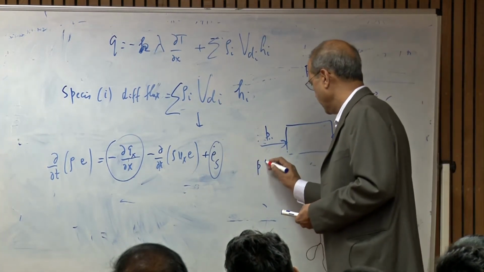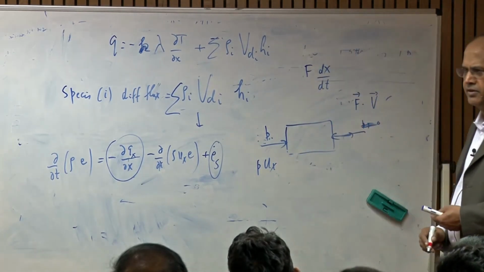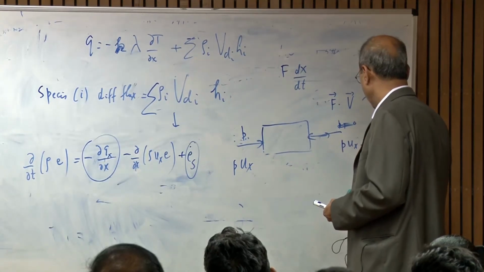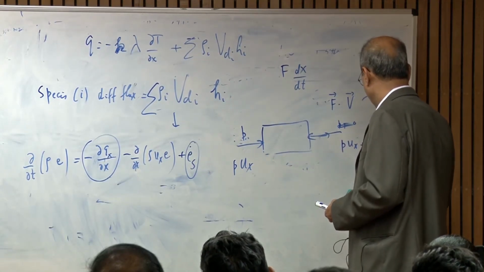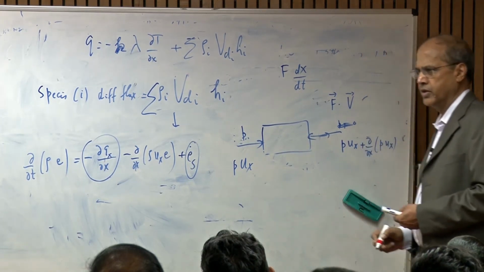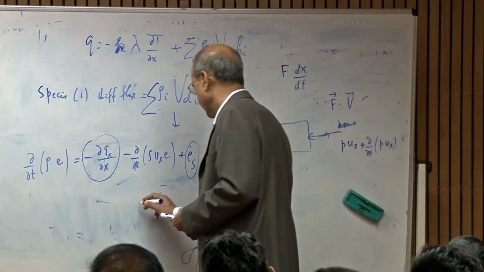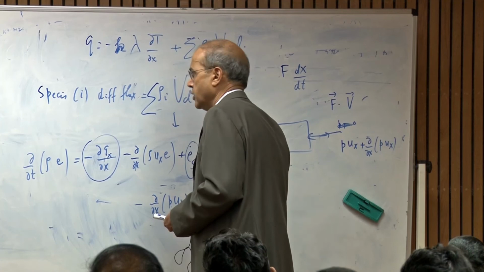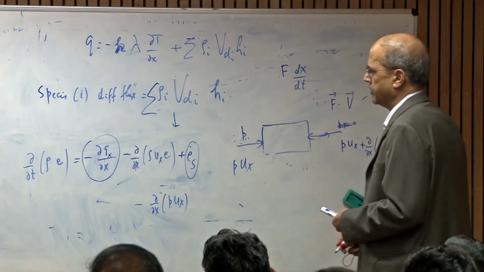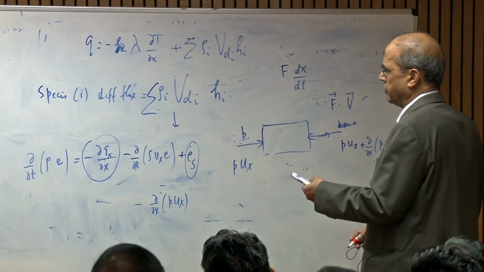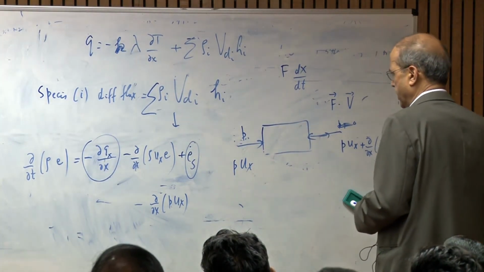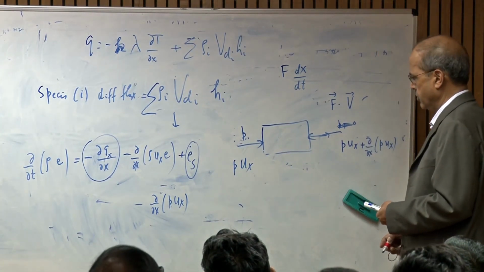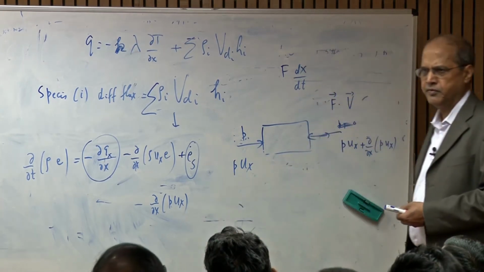So it will be P times u_x on this side, and P u_x on the other. So the net you'll get is d/dx of P u_x. Here I only wrote the three-dimensional form, so let's write some of these components. This is one of the terms for the pressure work done.